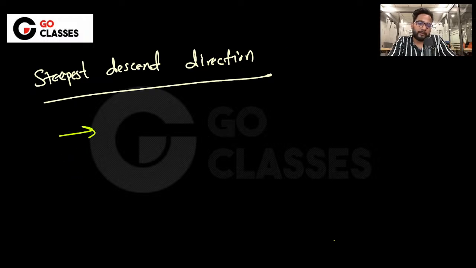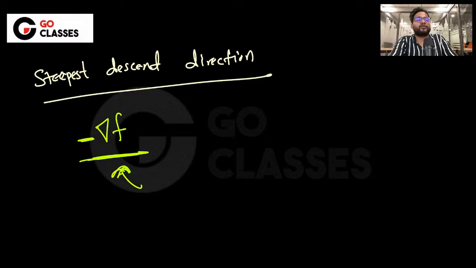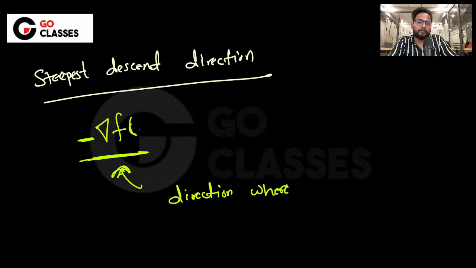See, if you have grad f, right, minus grad f, if you have minus grad f, then this is the direction where your function will be most decreasing, right? I mean, it will be evaluated on some point. Let's suppose you are saying at point x naught, right?